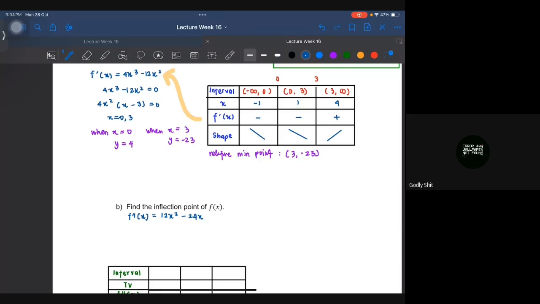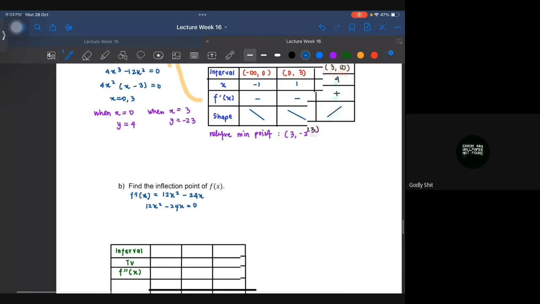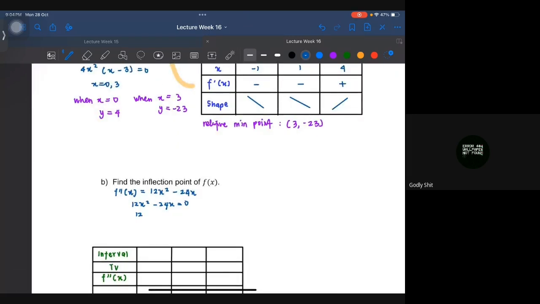Okay, and then kita buat it equal to 0. So 12x square minus 24x equal to 0. Okay, so from here kita boleh factorize 12 as well as x. Okay, so awak hanya tinggal dengan x minus 2 sahaja. Okay, kalau tak yakin boleh expand balik lah, ataupun boleh pakai calculator terus.